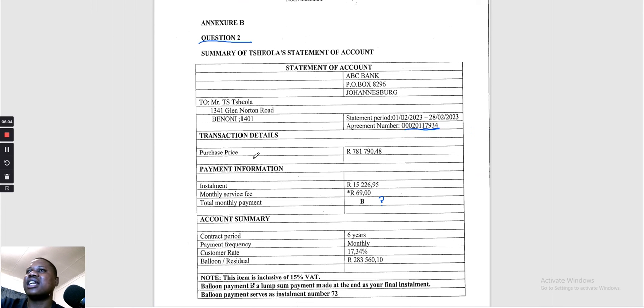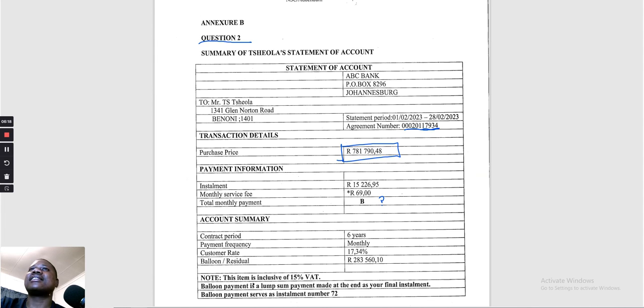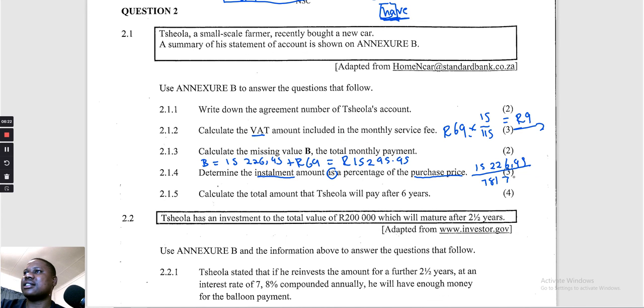How much is the purchase price? Our purchase price is given here as 781,790.48. So it is 15,226.95 divided by 781,790.48, then multiply by 100, and that gives us a percentage of 1.95% after rounding off.